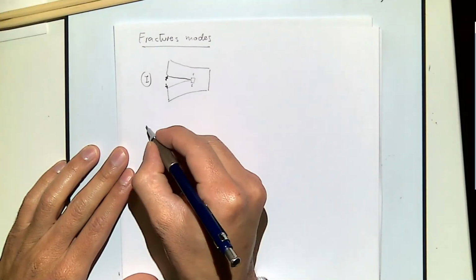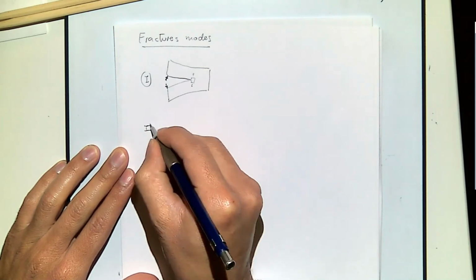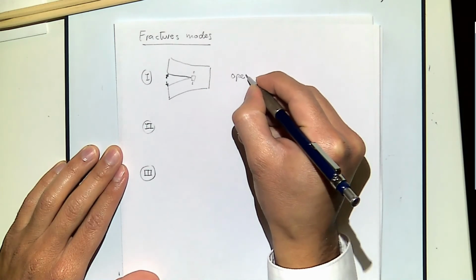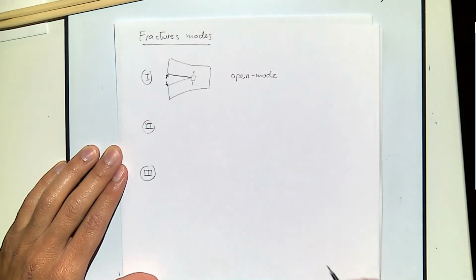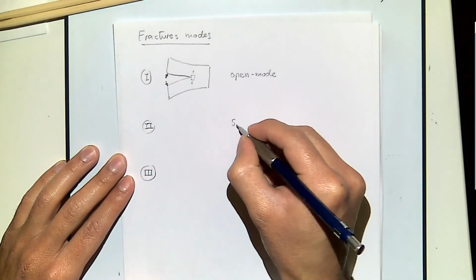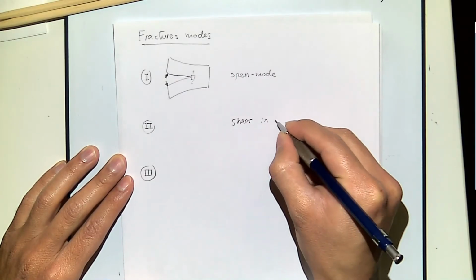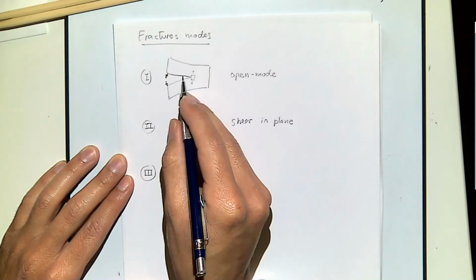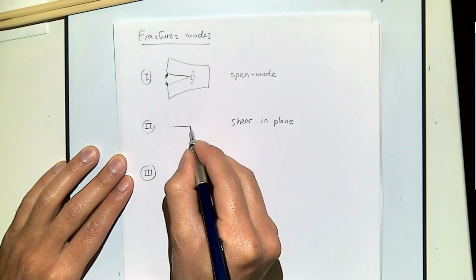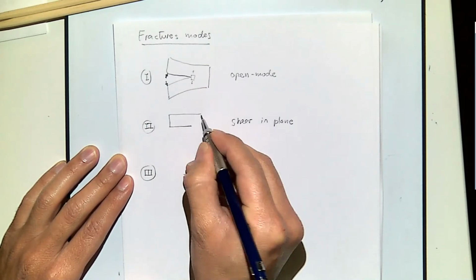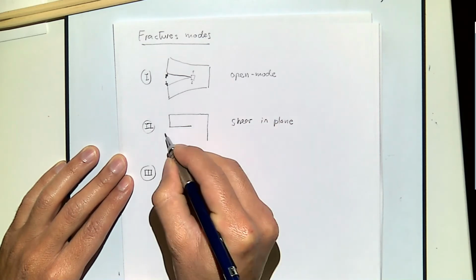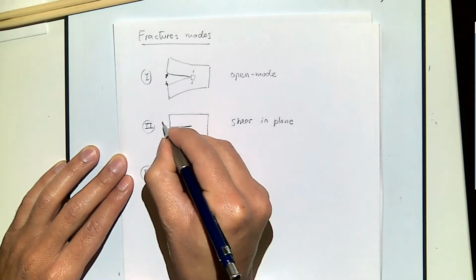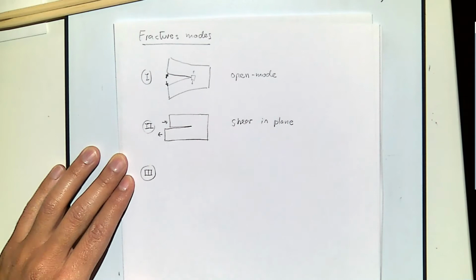But we also have mode number 2 and mode number 3. Mode number 1 is called open mode. Mode number 2 is called shear in plane. Instead of having the faces of the material go in opposite directions, in this case, if we have a fracture, you push in one direction and pull in the other.